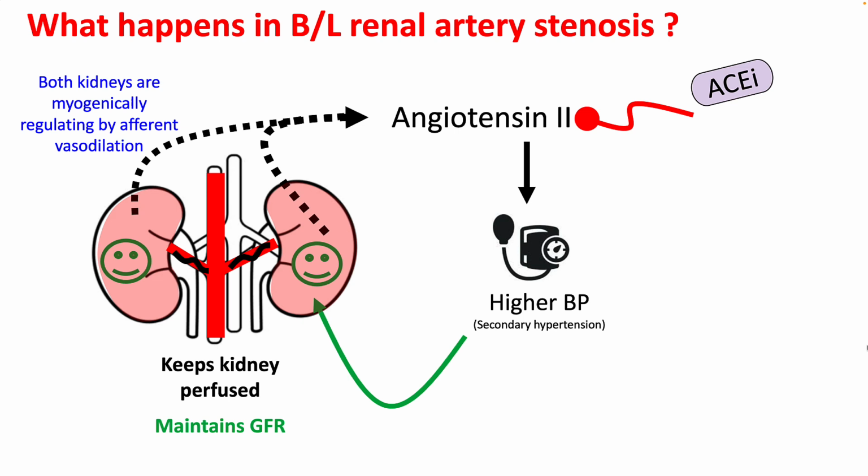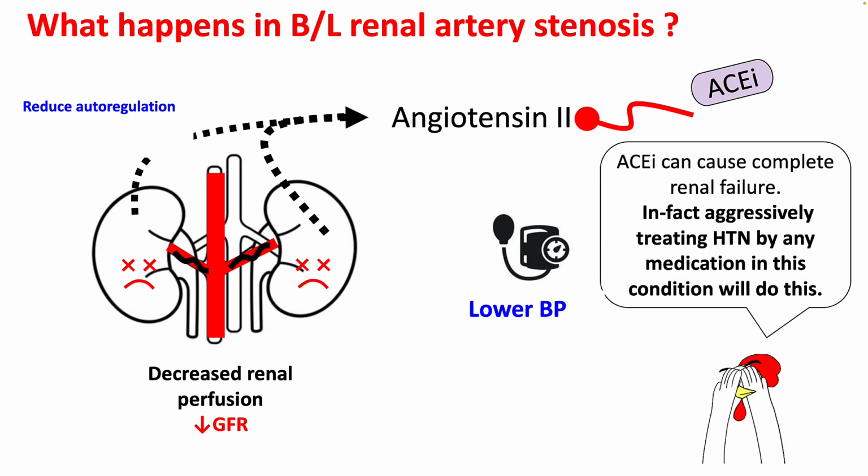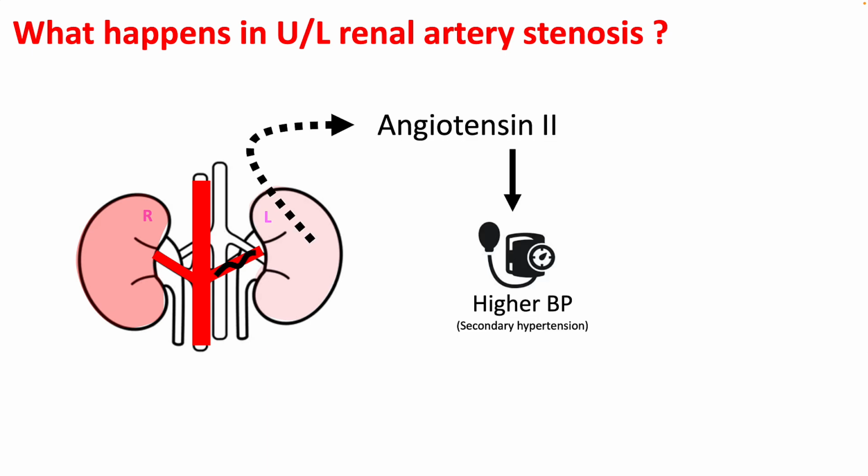If you give an ACE inhibitor to these patients, your blood pressure falls and your autoregulation is reduced. This would result in decreased renal perfusion and decreased GFR, and in certain cases, renal failure. In fact, aggressively treating hypertension by any medication in this condition will result in a similar drop in GFR and renal failure. Let's see what happens in unilateral renal artery stenosis.